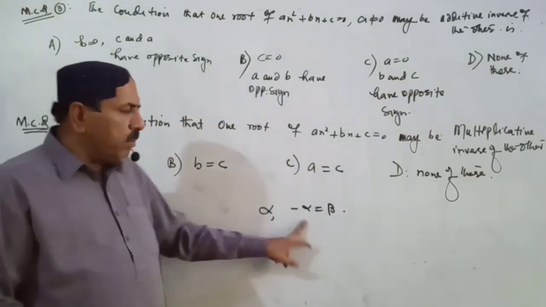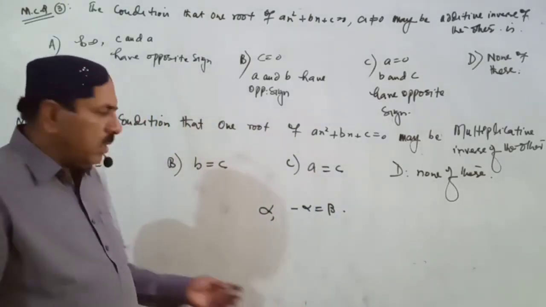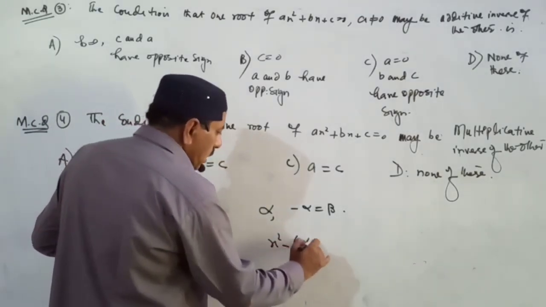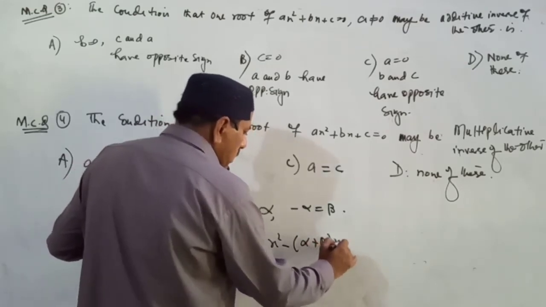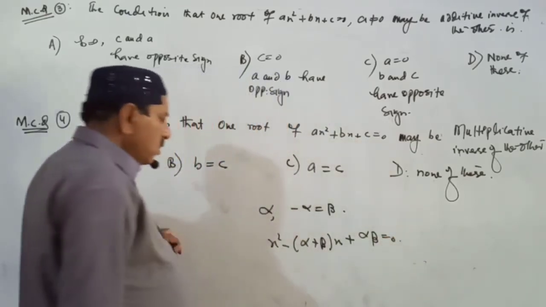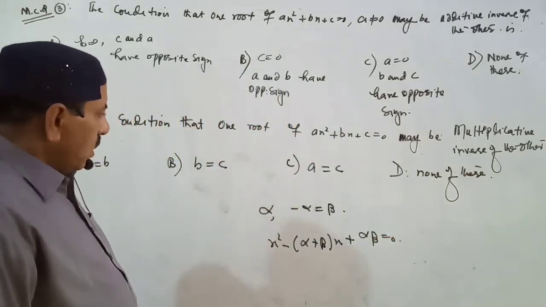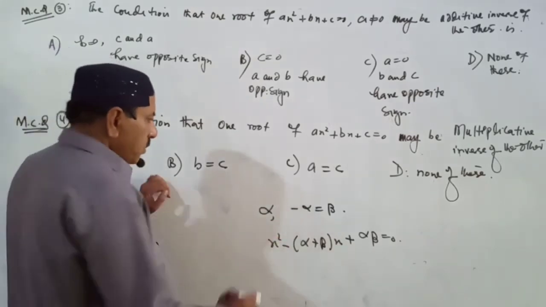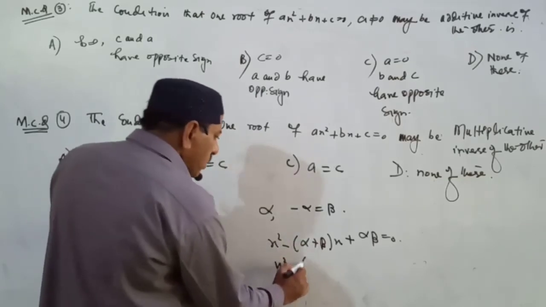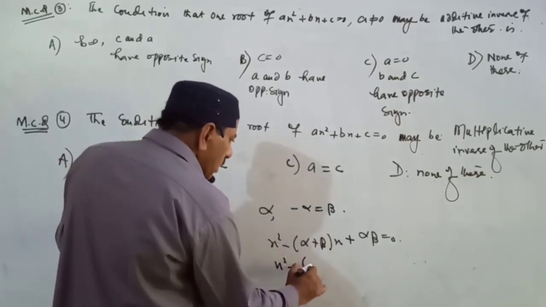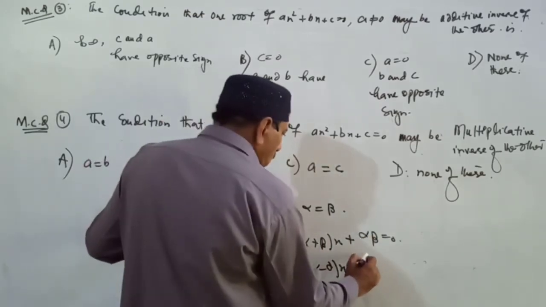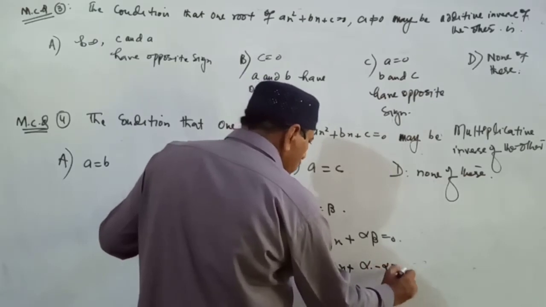Because alpha and minus alpha are additive inverses to each other. So this will be x square minus (alpha plus beta) x plus alpha into beta is equal to 0. X square minus sum of the roots, alpha minus alpha, x plus alpha into minus alpha is equal to 0.